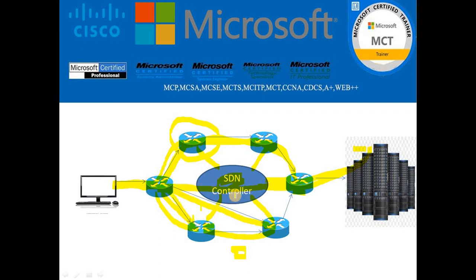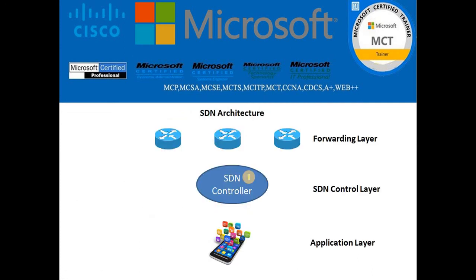That means even if you are using SDN control over here, the routing table is to be controlled by this automatically. That means the routing information is here actually. So in that case, the software defined network controller itself works as your forwarding layer. That means all of these routers' forwarding work is controlled by the SDN only.